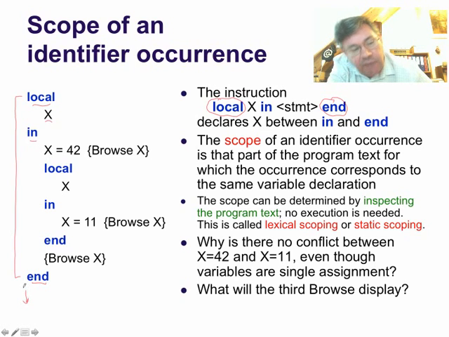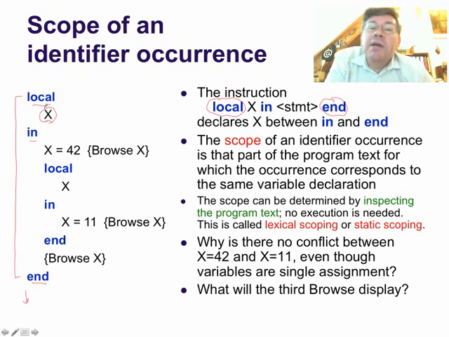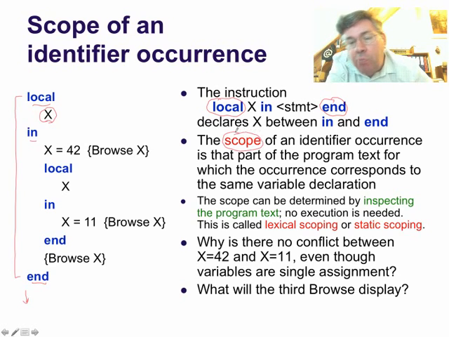And after that, the x will no longer refer to this variable that was declared here, but whatever it referred to before, if anything. So this lets us introduce a fourth concept. In addition to identifiers, variables, and environments, the fourth concept is called the scope. The scope of an occurrence of an identifier is that part of the program text for which the occurrence corresponds to the same variable declaration.